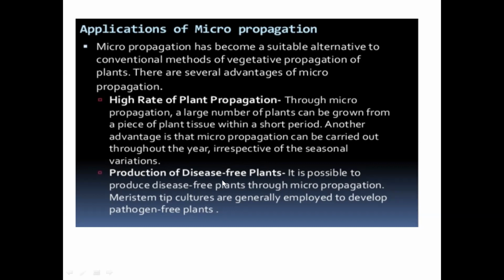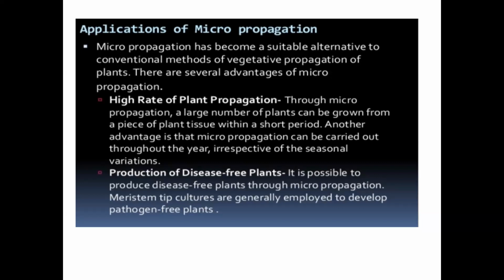Another advantage is the production of disease-free plants, because you make use of meristematic portions of the plant as the starting material. These are normally free of viruses, because the only dangerous thing in plant propagation is the spread of viruses and mycoplasma, since it is very difficult to eliminate them once the plant grows.